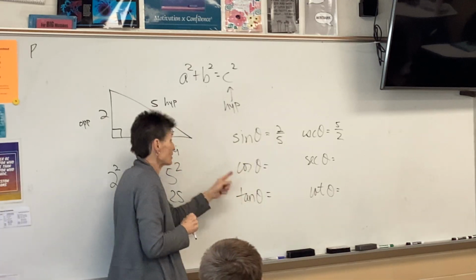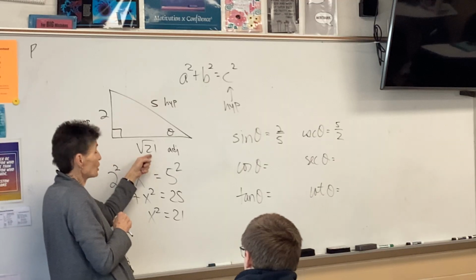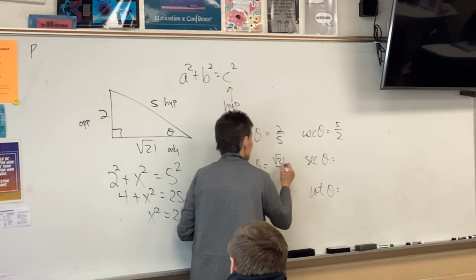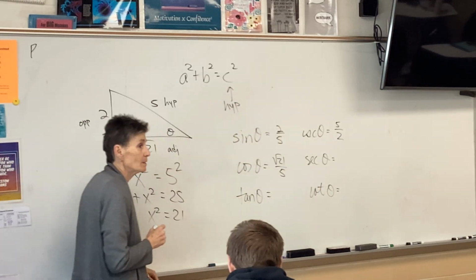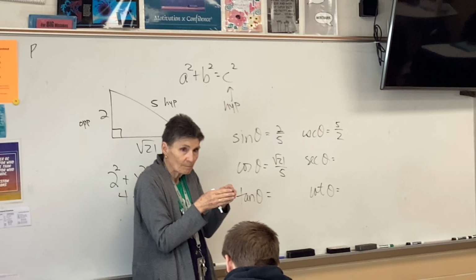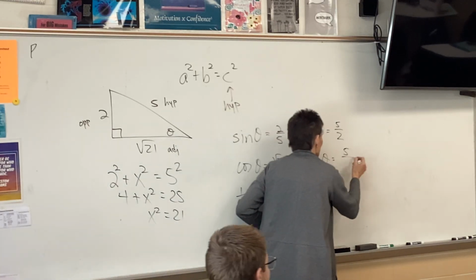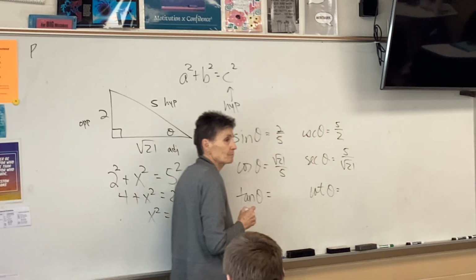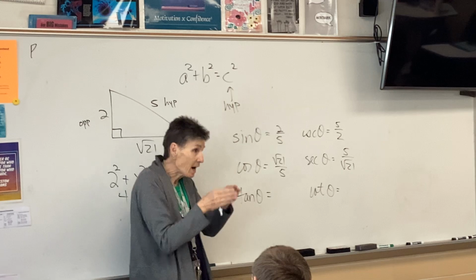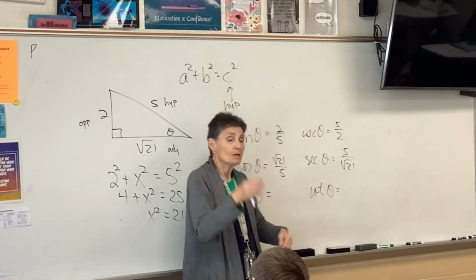All right, what's the cosine? Let's look at our picture. Cosine is adjacent over hypotenuse, so root 21 over 5. Which means the secant, which is the reciprocal of cosine, is 5 over root 21. So sine, reciprocal is cosecant.